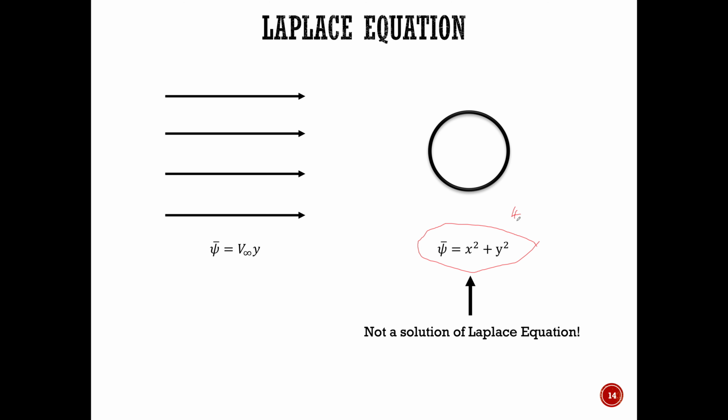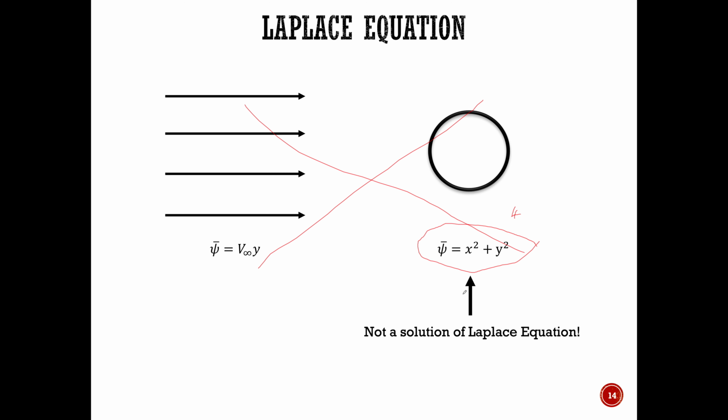Now, this presented a big hindrance back in the day, so people thought, now what do we do? The whole idea behind stream function, Laplace, and the potential function is that we can represent flow field in a 2D space, but not all geometries obey Laplace equation. So that's when people came up with what are called elementary flows.